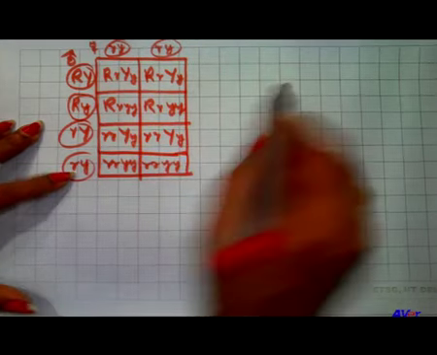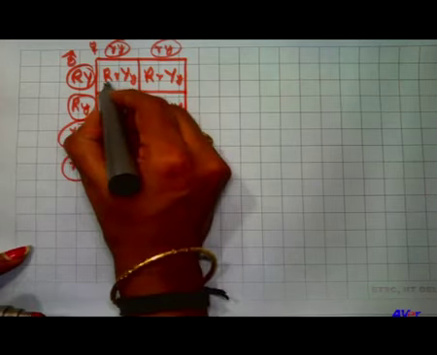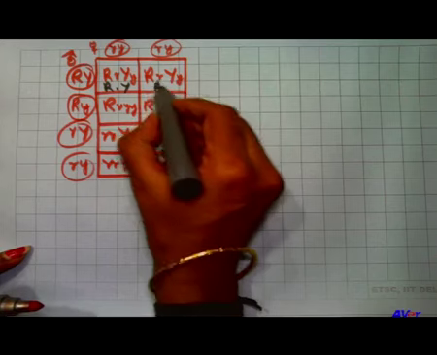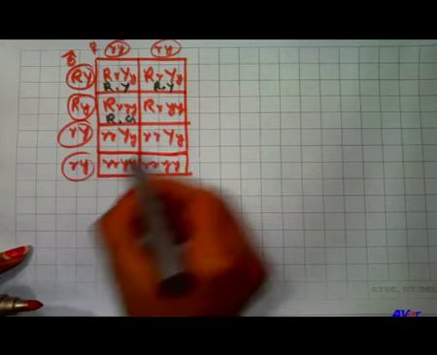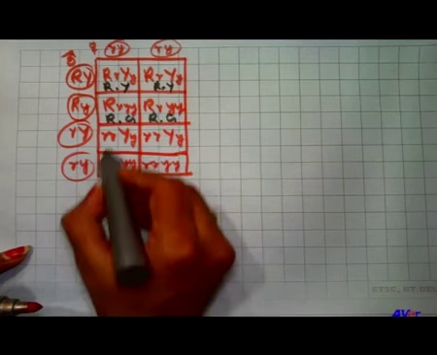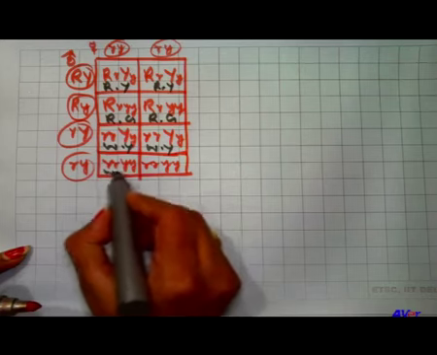So, here the phenotypes obtained will be round yellow, round green, wrinkled yellow, and wrinkled green.